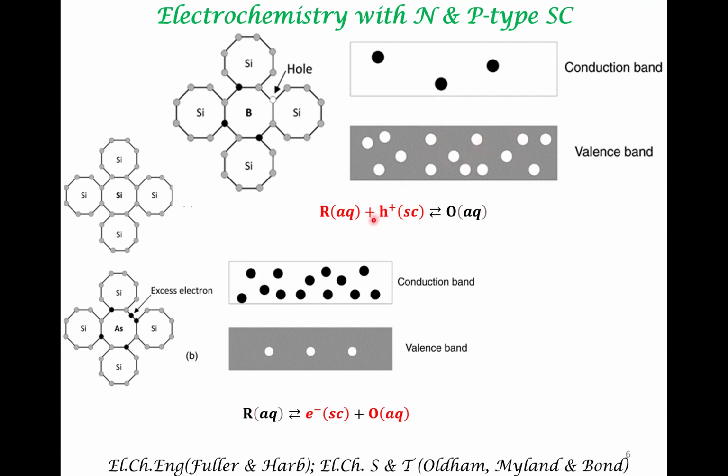So this is an introduction to how doped semiconductors can be utilized in electrochemistry. We will look into these concepts in greater detail as we progress in this lecture series.